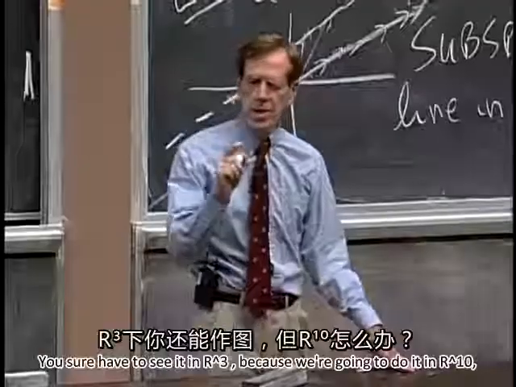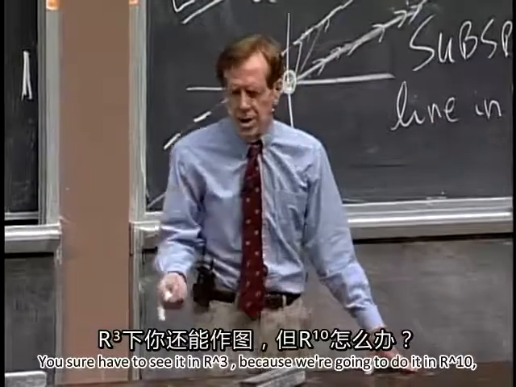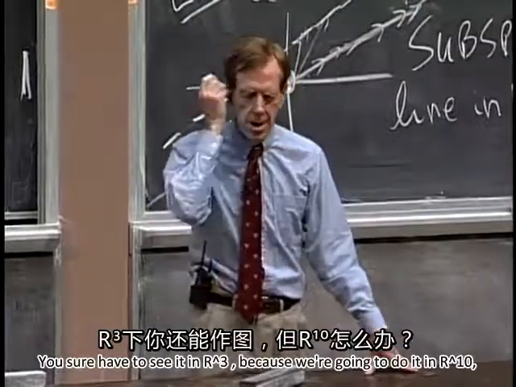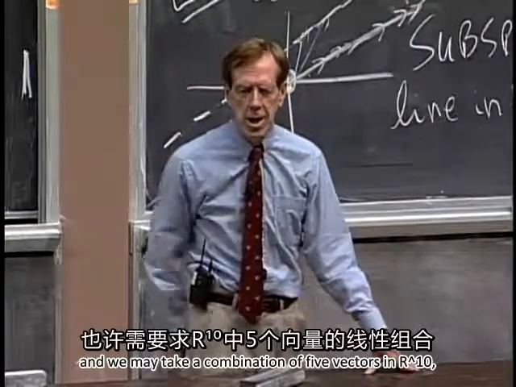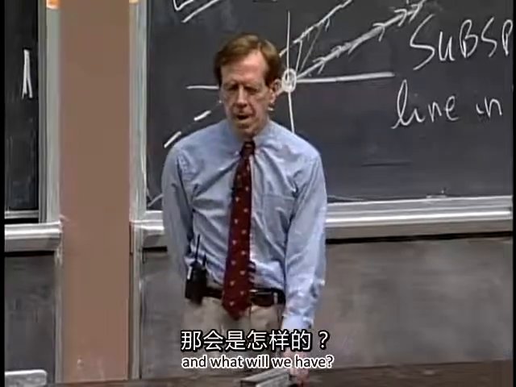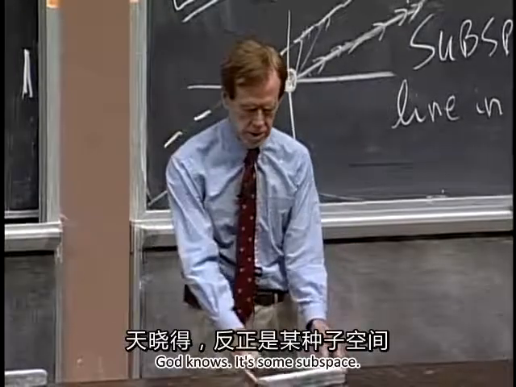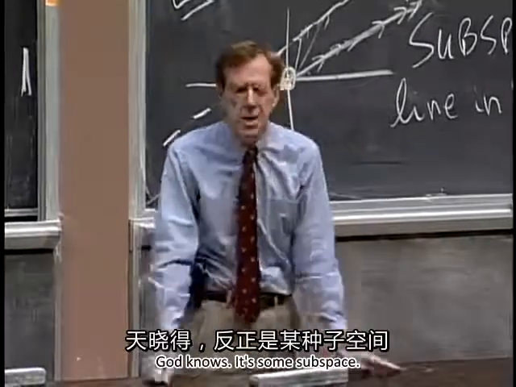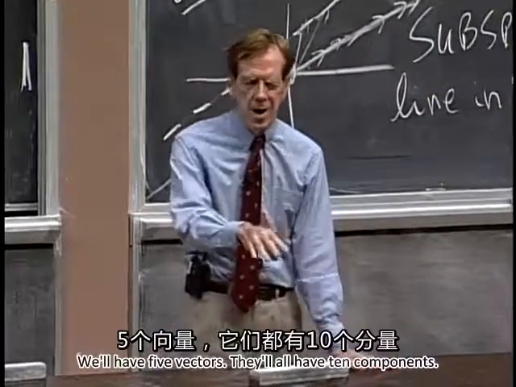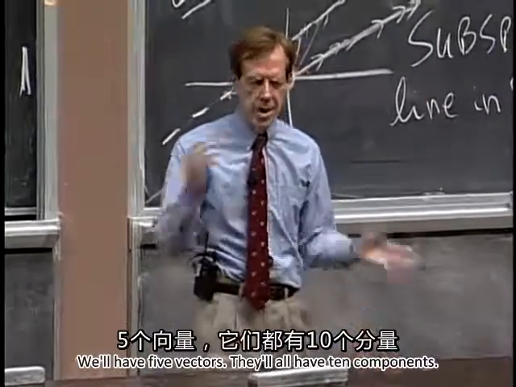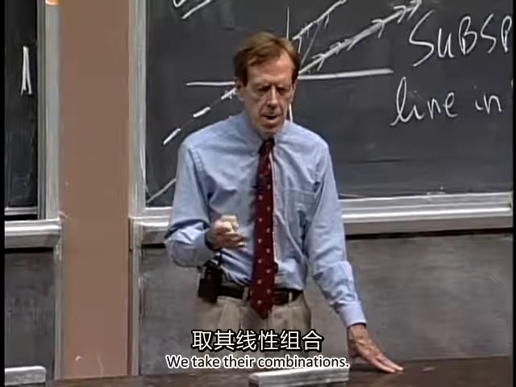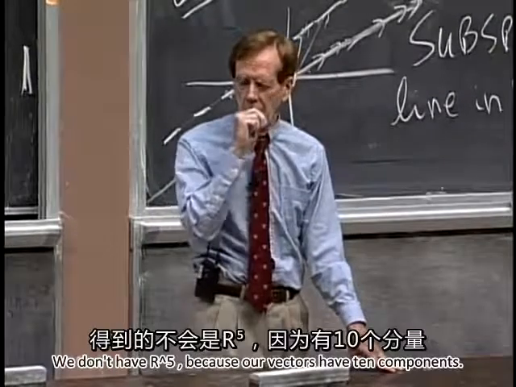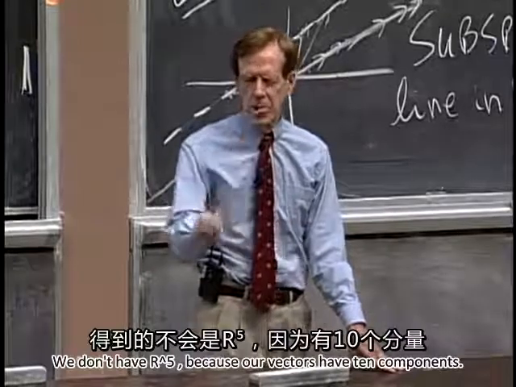You sure have to see it in R3 because we're going to do it in R10, and we may take a combination of 5 vectors in R10, and what will we have? God knows. It's some subspace. We'll have 5 vectors. They all have 10 components. We take their combinations. We don't have R5 because our vectors have 10 components.